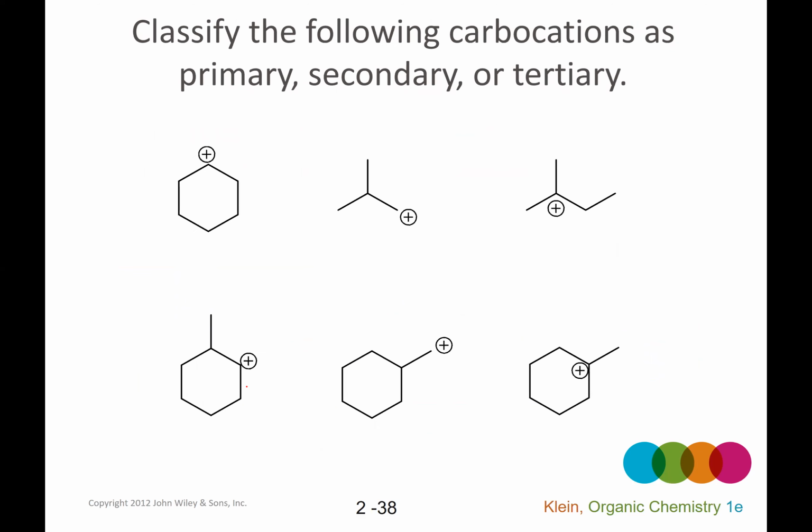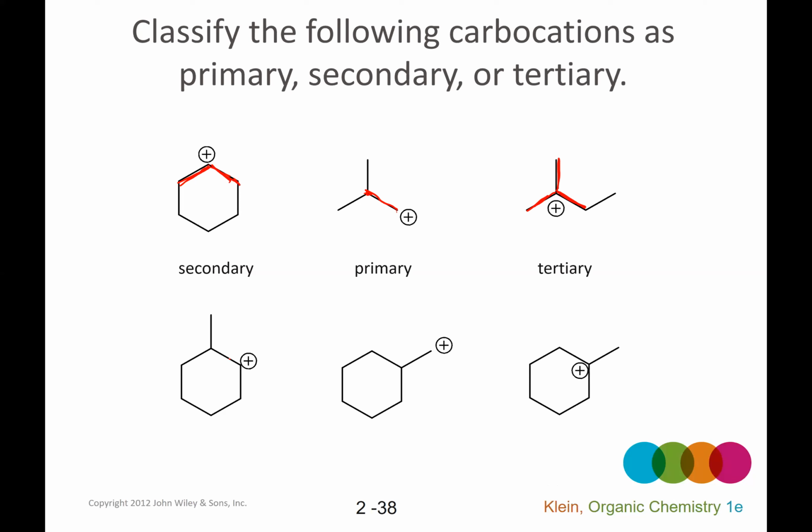So let's take a look at these examples. So what is this? Primary, secondary, tertiary? It's secondary because you have two carbon groups attached, right? This one, only 1 carbon group attached, that's primary. This one has 1, 2, 3, so that's tertiary. Okay.